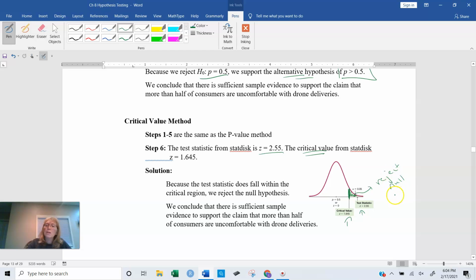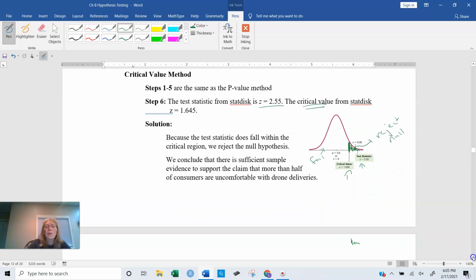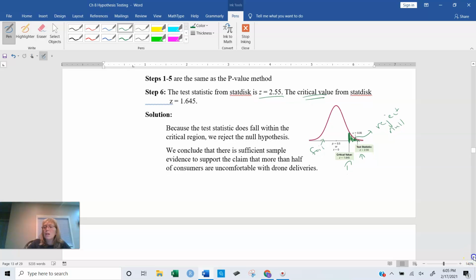If that's where our test statistic falls, we reject the null. The null is false. If it falls over here, then we keep the null, or we fail to reject the null. So when we look here, our 2.55 is to the right of 1.645, which is in our rejection region. So we reject the null. It gives you the same thing as we did with the p-value.